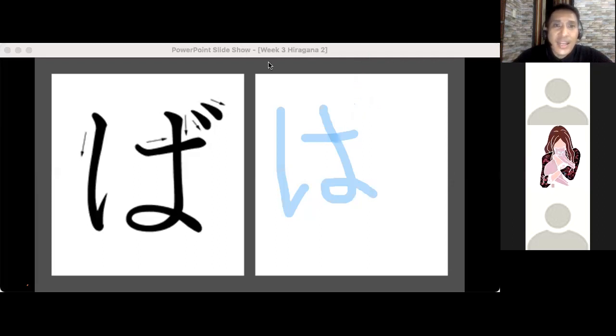Lagyan natin siya ng handakuten, magiging pa. Okay, very good. That's it, no? Nagbabago-bago siya kapag nilalagyan natin ng either ten-ten, dakuten, or handakuten yung ilalagay natin. Okay, thank you. Now, let's wait a moment.